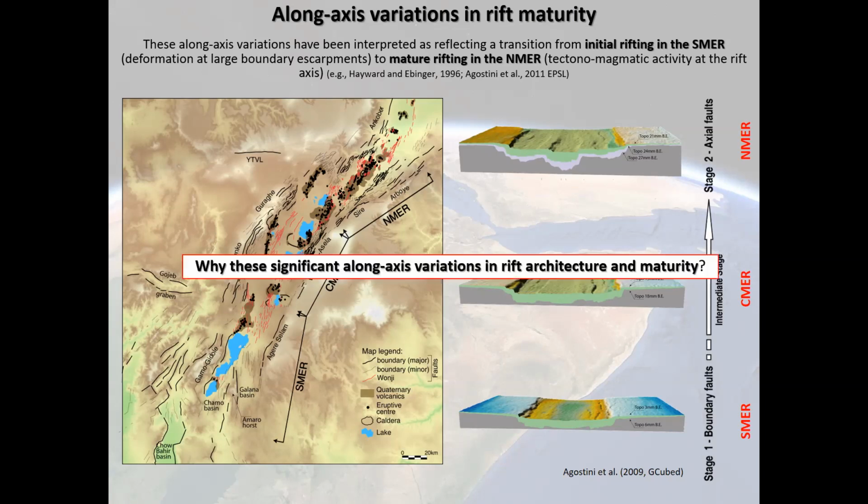The question is, why do we have this significant along-axis variation in rift architecture and maturity over such a small distance in the Main Ethiopian Rift?